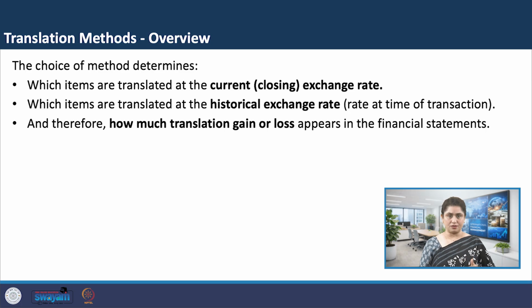Because of this difference, the same set of financial statements can look quite different depending on the method used. And ultimately, this affects how much translation gain or loss is reported in the financial statement. So, understanding these methods is crucial, not just for accounting purposes, but also for interpreting a firm's reported performance accurately.